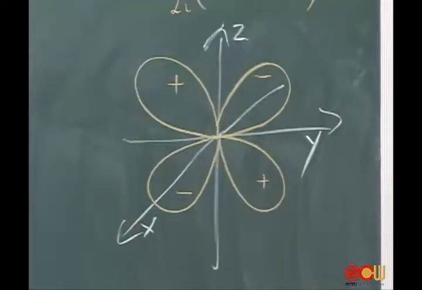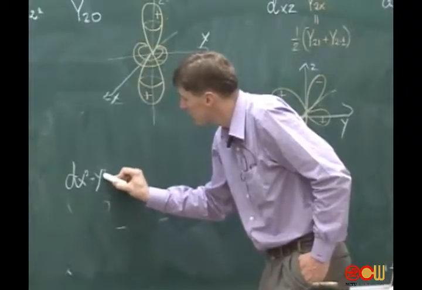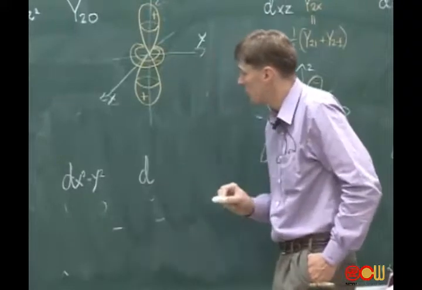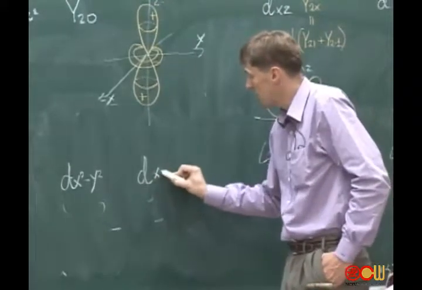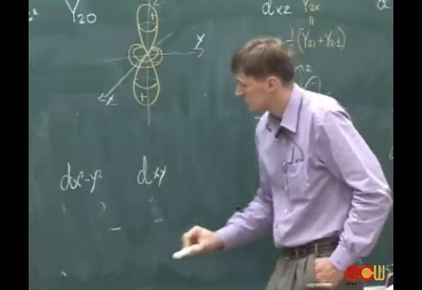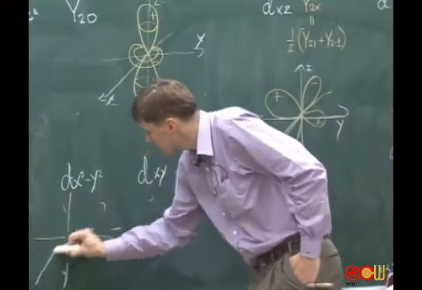That would be the function d x square minus y square and the function d x y. Again, let's plot them fast.